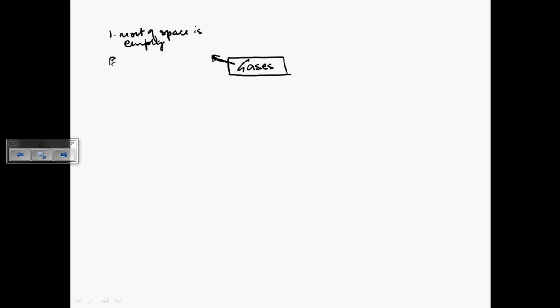And particles are constantly moving in rapid random motion, and intermolecular force between particles is negligible.